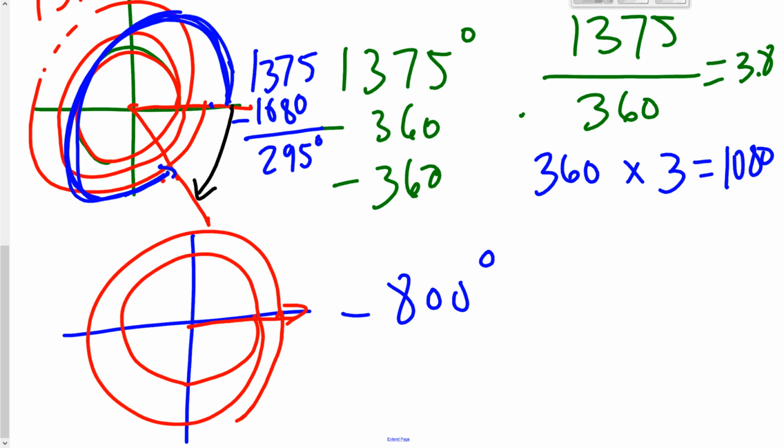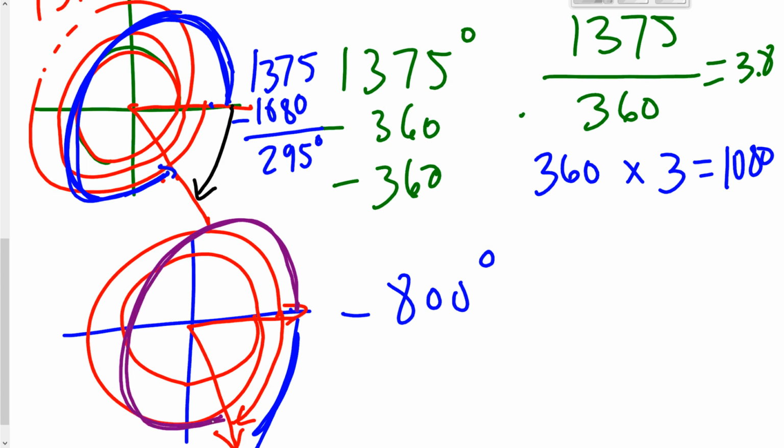So it's not quite to 90, so somewhere right here. So there's our angle. And the least positive would not be just this distance right here, but all the way back from the beginning, from our x-axis to our angle.